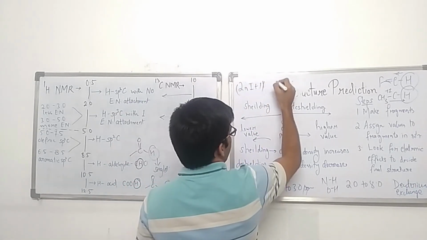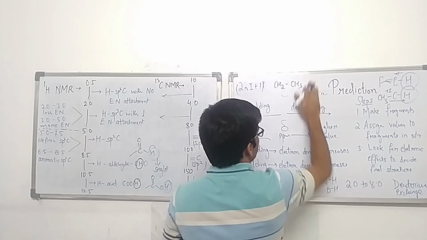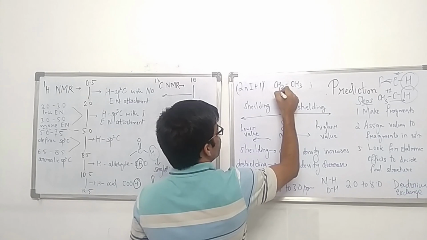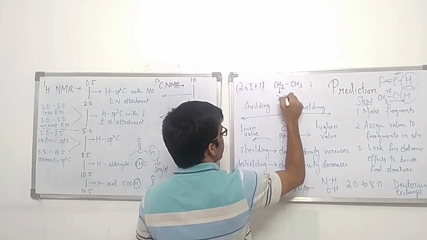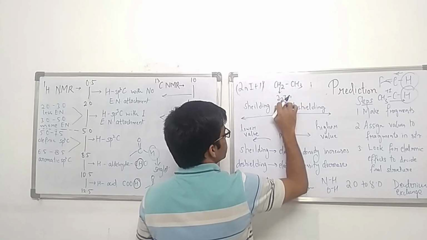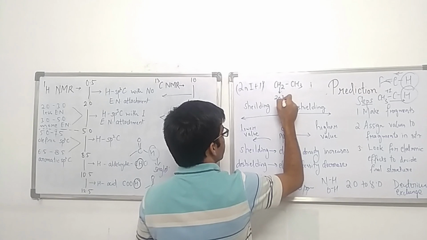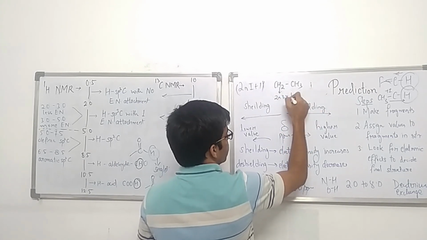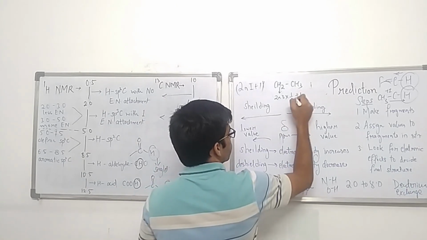So suppose I have a fragment CH2CH3. These 2 protons will have a signal given by 2nI plus 1, where n is the number of protons in the neighboring atom, which in this case is 3, and the spin of those hydrogens is half, so half plus half, 1.